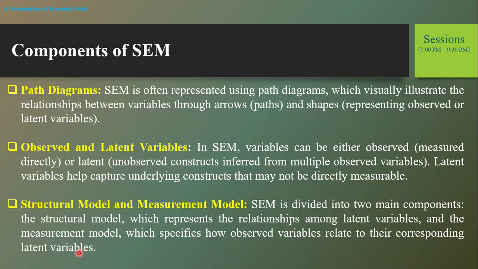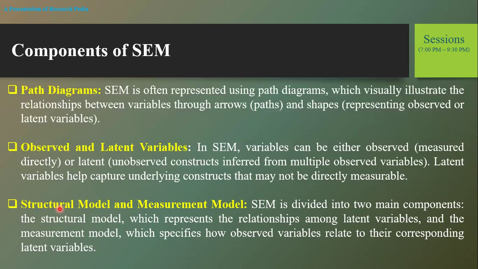So when we are dealing with the relationship between observed and unobserved variables, we are basically referring to the measurement model. But when we are dealing with the relationship of latent variables, we refer to the structural model. So you need to understand the difference, but I will let you know in much deeper detail in coming slides.